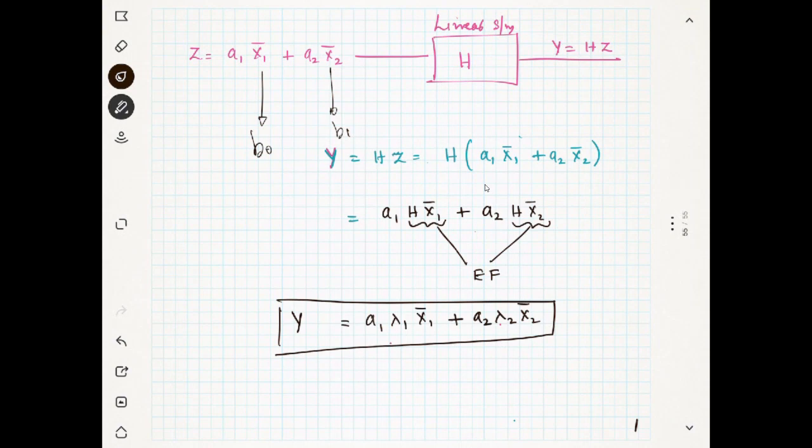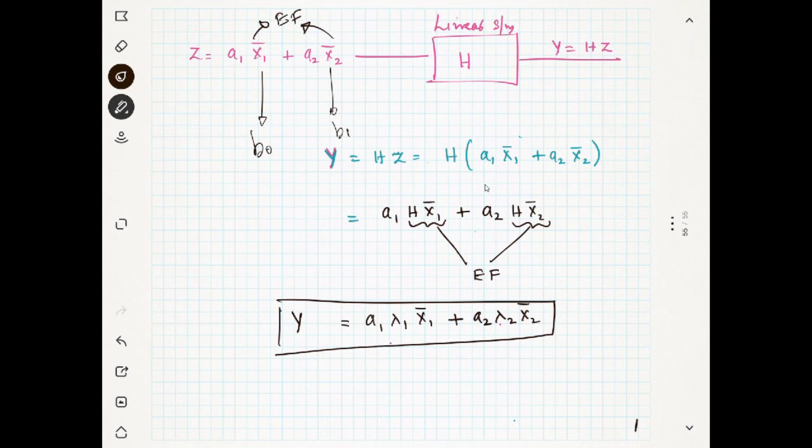So I am going to represent my signal in terms of eigenfunctions. This is an eigenfunction and this is also an eigenfunction. If I represent my signal in terms of eigenfunctions, then I can easily find the output in terms of eigenfunctions. Do you agree with me in this regard?